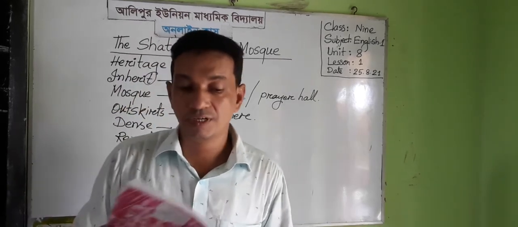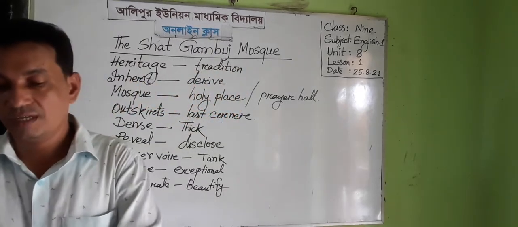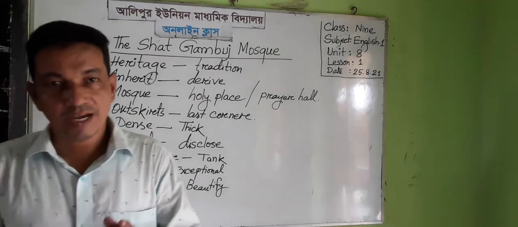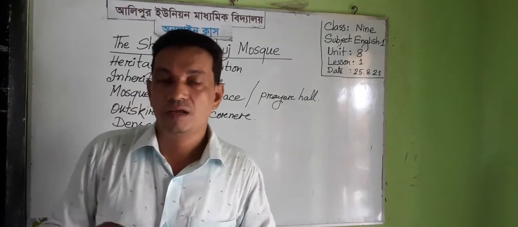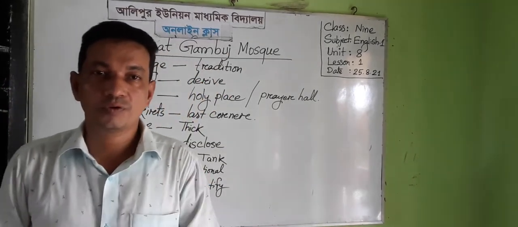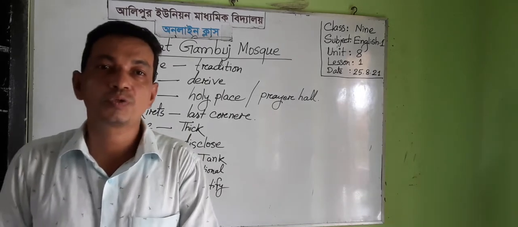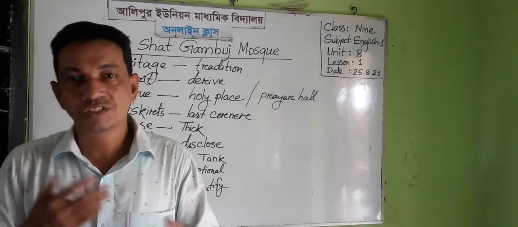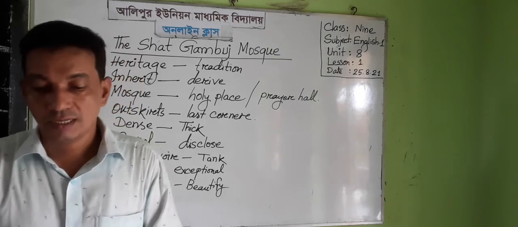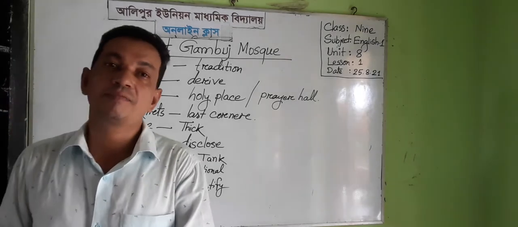This is the end of the text, and by reading the text, we are able to know about the history of the mosque. We know that the mosque was built by Khan Jahan Ali.